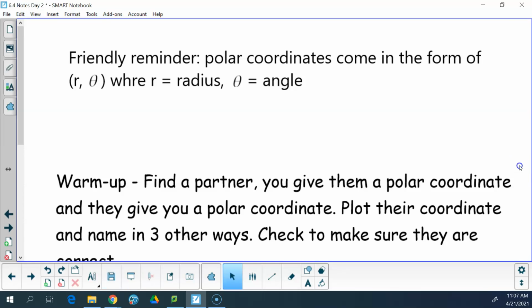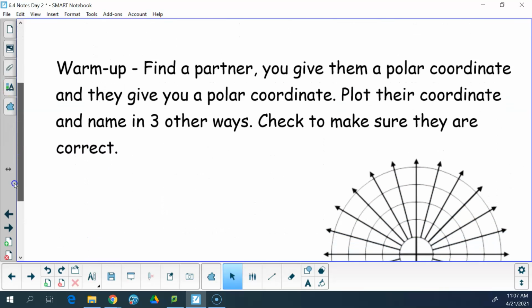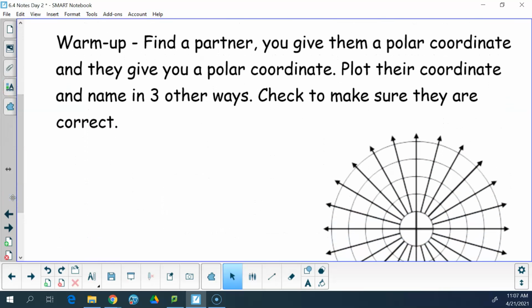What I would like you in your neighborhoods to do is find a partner, and it can be a person at your table or somebody very close to you. You are going to come up with a radius and a theta. So you're going to give them the polar point.